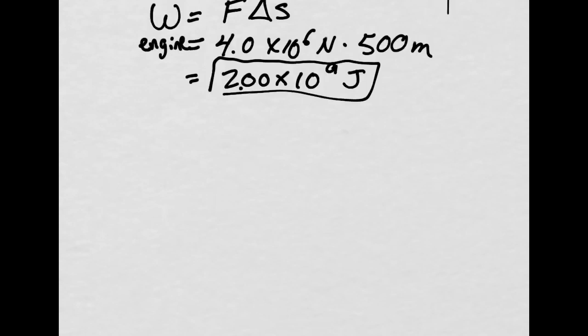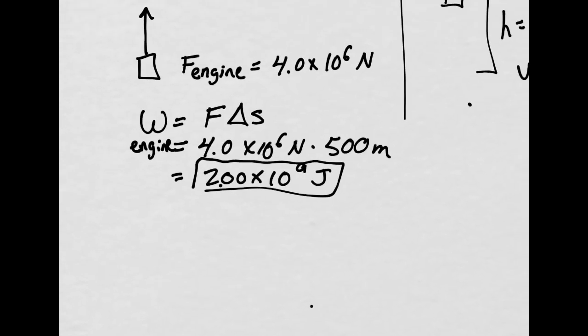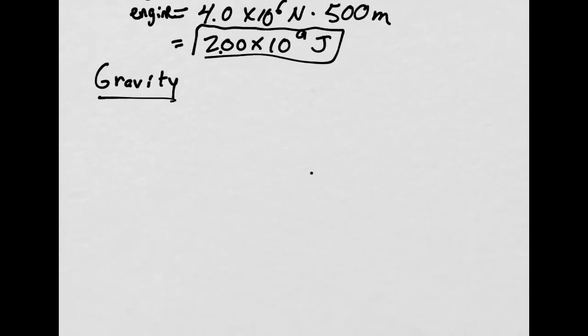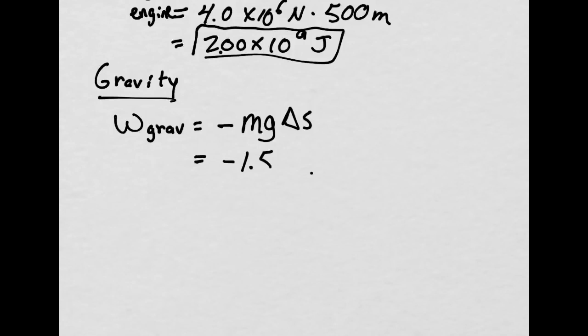There is another force acting, and that's gravity, since we're in the y direction. So we need to calculate the work done by gravity as well. It has a negative mg, because it points downward compared to the thrust of the engine, times delta S. This is negative 1.5 times 10 to the 5 times 9.8 times 500.